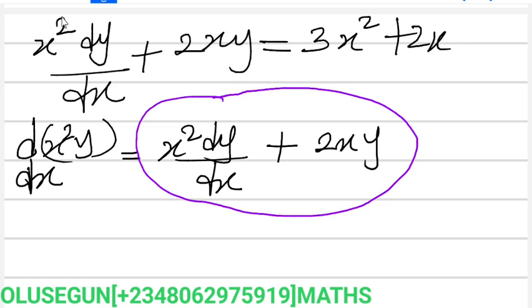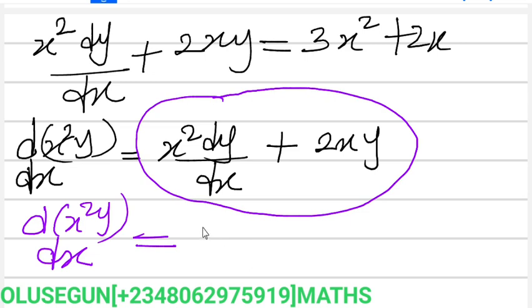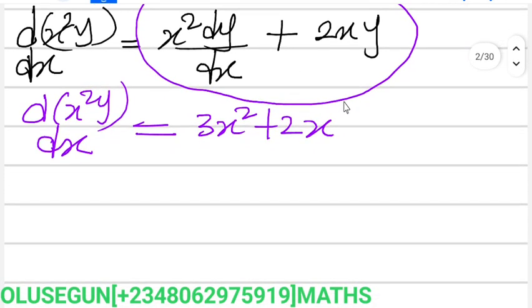So instead of writing x squared dy/dx plus 2xy, just write d(x squared y)/dx, which will now give us 3x squared plus 2x. Since you're able to get that now, we are able to reduce it to a minimum form.